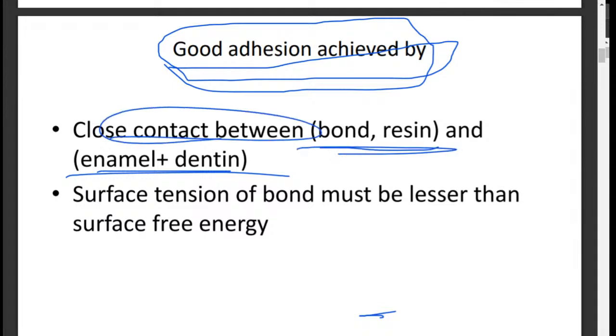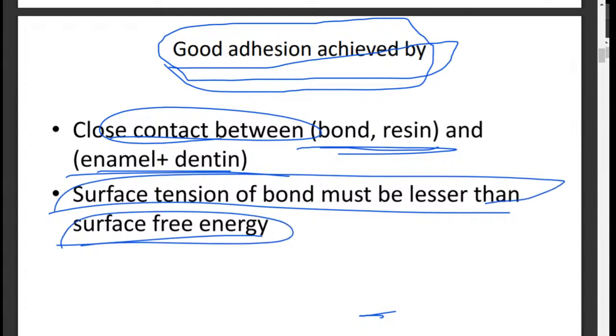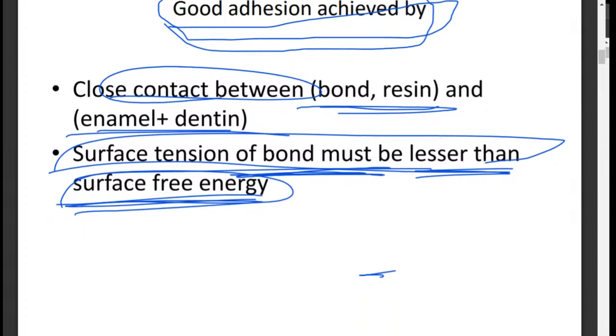And of course, a good contact would be optimal. Next, good adhesion can be achieved using surface tension of bond, which must be less than surface free energy.